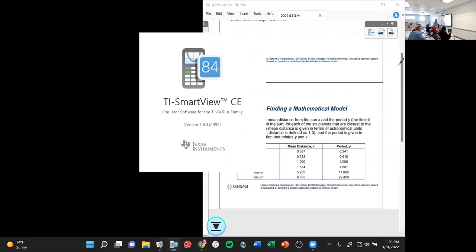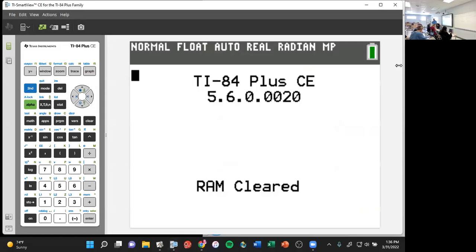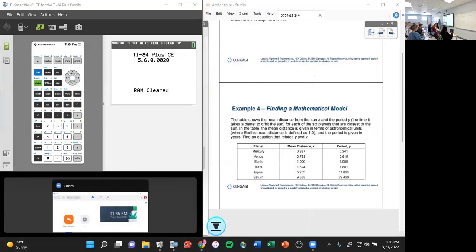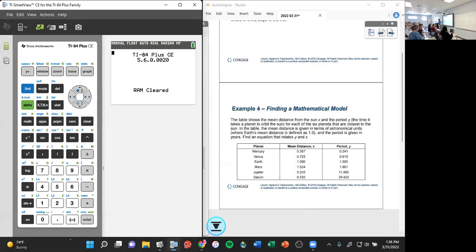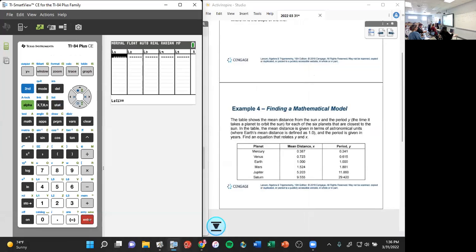Go to stat, and that's where you put your L1s and L2s, right? Okay, so stat, edit, L1.